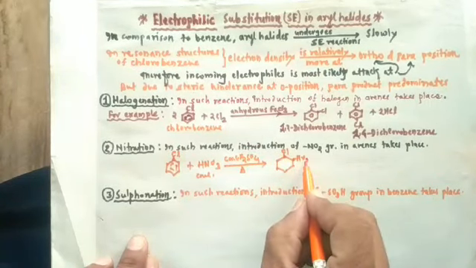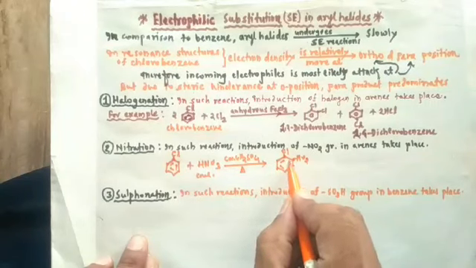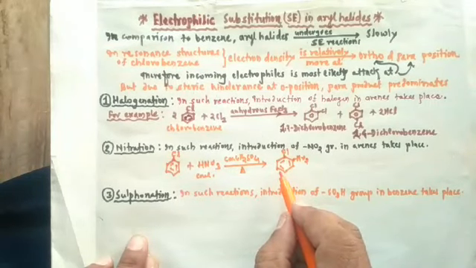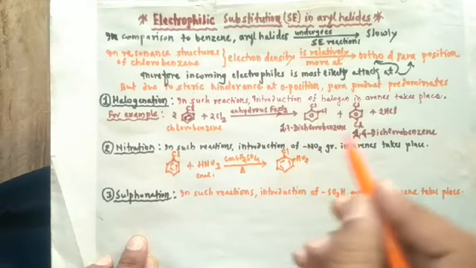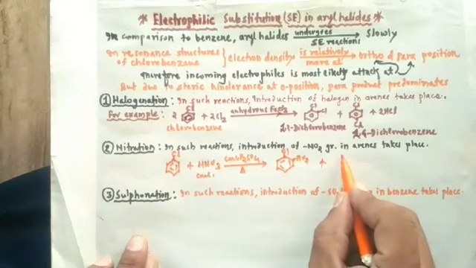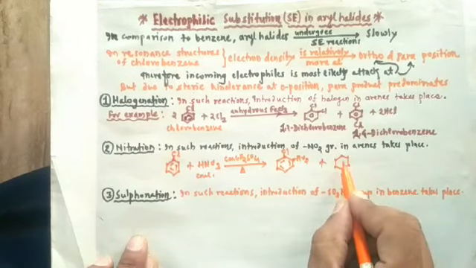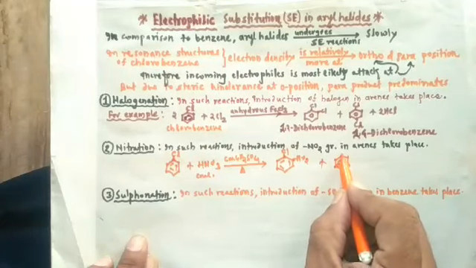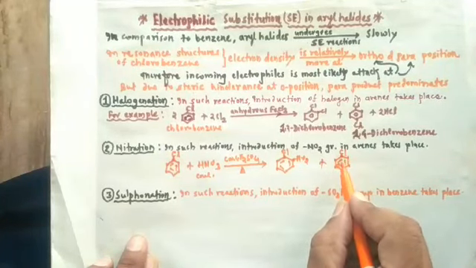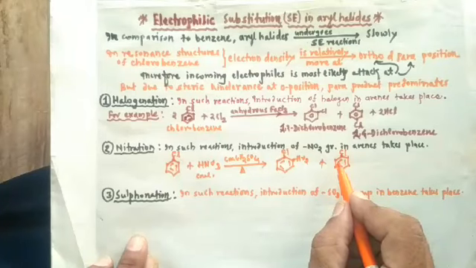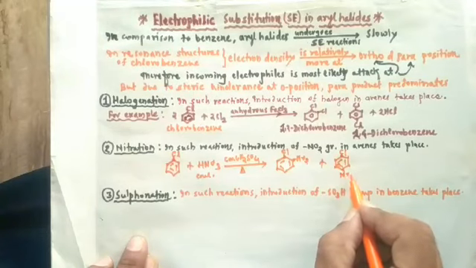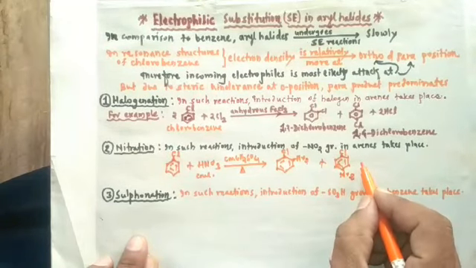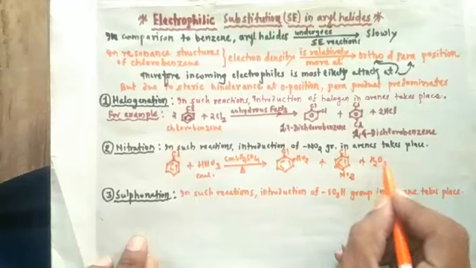So we get this first product, its name is 1-chloro-2-nitrobenzene, and the other product is 1-chloro-4-nitrobenzene, and here the byproduct is H2O.